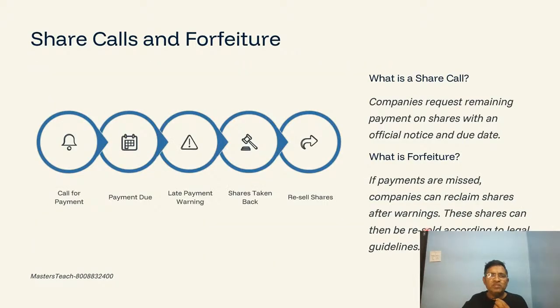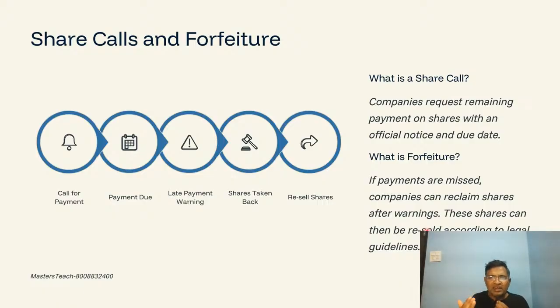Then share calls and forfeiture. So what is a share call? For example, the company issues shares of, assume, 10 rupees each. They won't call the entire share amount at a time.